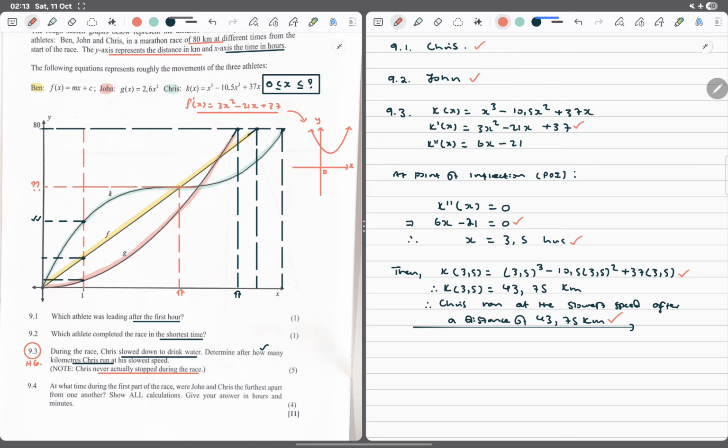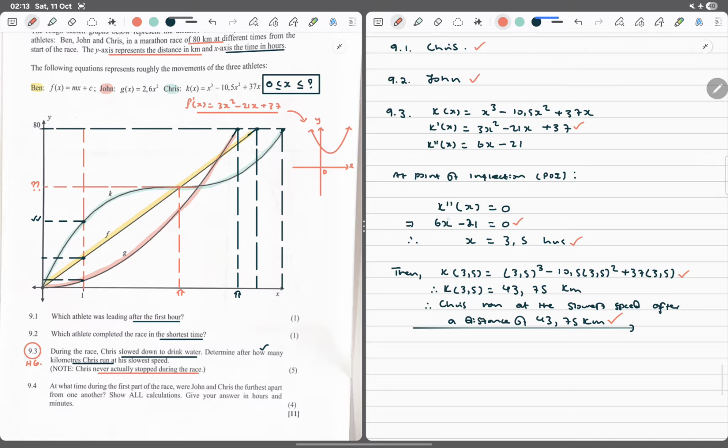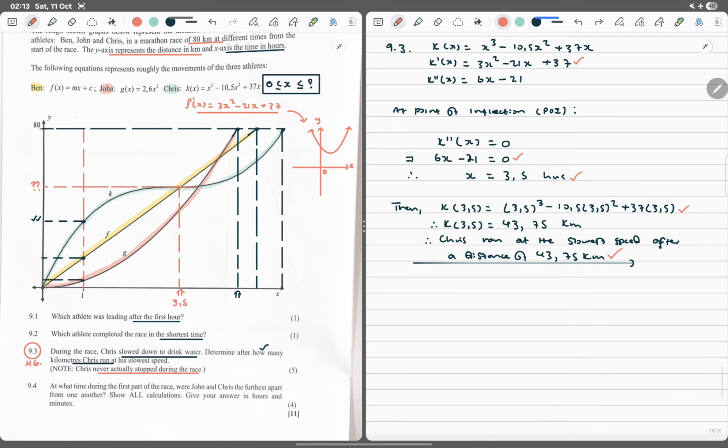And certainly the first derivative was also important here. One can give 2 marks, left hand side, right hand side over there. But before we can get to the second derivative, we must have found the first derivative too. So this is essentially 3.5 hours. Okay, guys, cool. Very nice question.